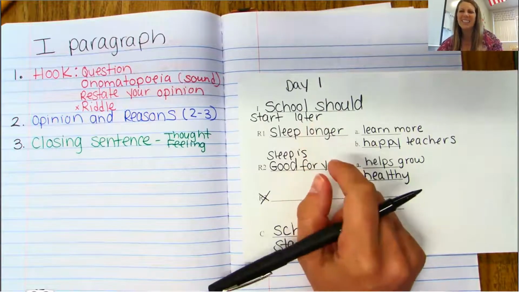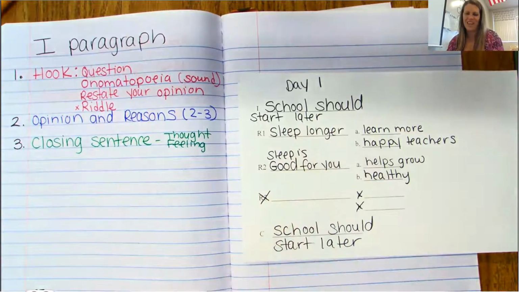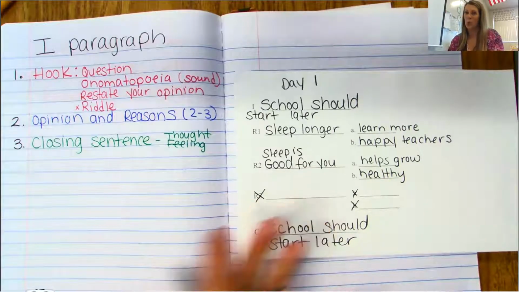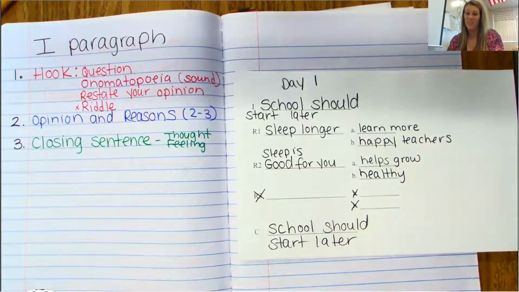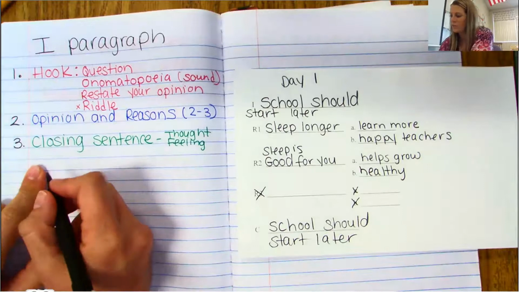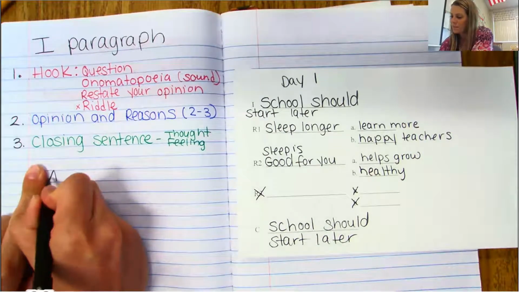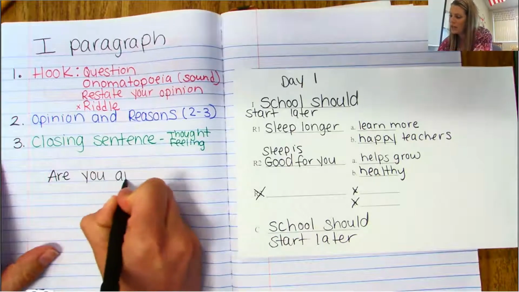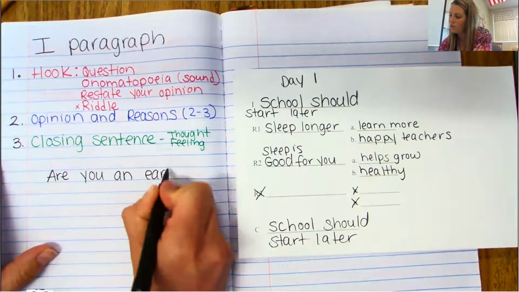So I like to start with a question. And I'm pretending, and this is actually true, this is more kind of my opinion. I don't like to wake up very early. So I'm going to start by indenting. And I'm going to ask a question, and you might have heard this saying before. Are you an early bird?